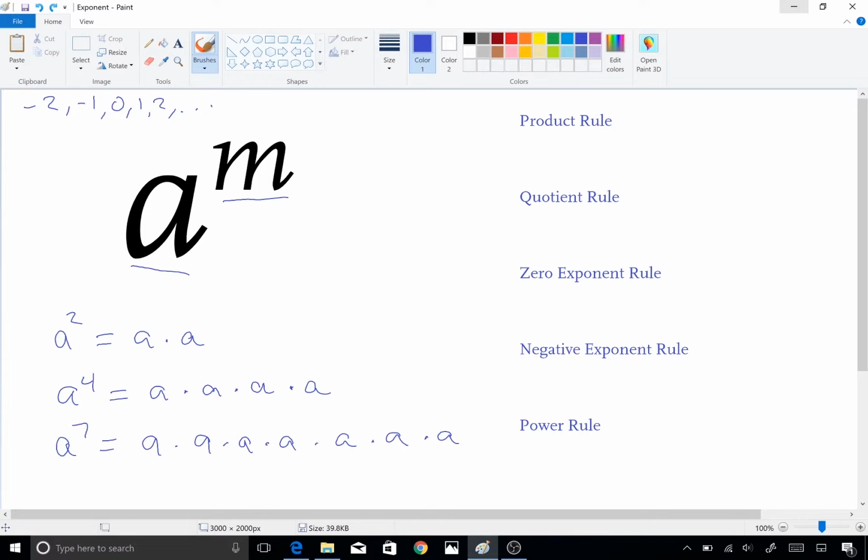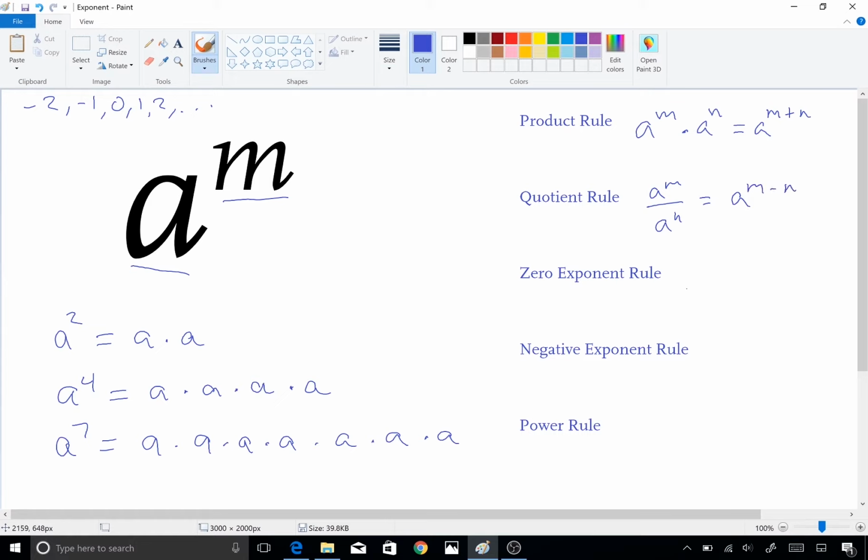We'll learn the 5 rules of exponents. The product rule, which says that a to the m times a to the n equals a to the m plus n. The quotient rule, which says a to the m divided by a to the n is a to the m minus n.